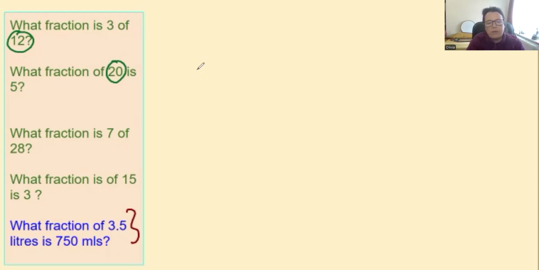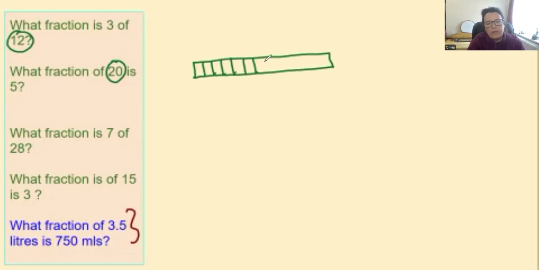So what is our total? Again, using a bar model, what do I have? Well, I have 20. So let me just draw in 20 equal parts. And I'm sure this is not 20. 1, 2, 3, 4, 5, 6, 7, 8, 9, 10, 11, 12, 13, 14, 15, 16, 17, 18, 19, 20.